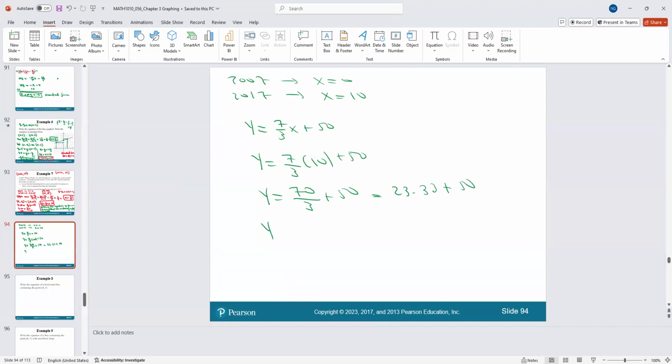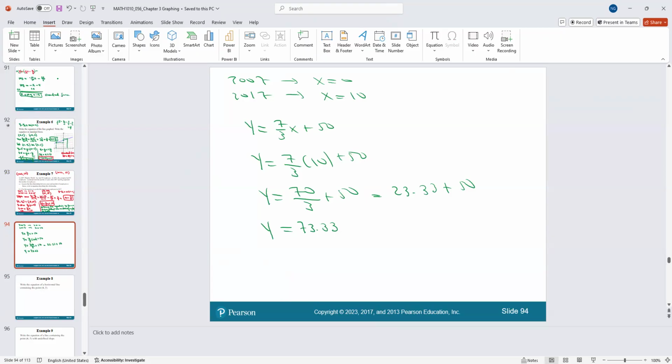That would be y equals 73.33. Now, in terms of people, we cannot have decimals for people, right? It's only on TV you hear 2.5 men. In real life, you either have 2 men or you have 3 men.